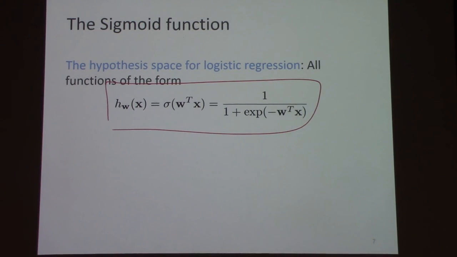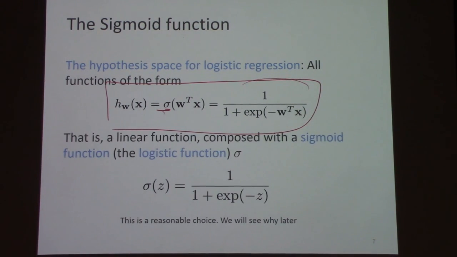You take an example x, and the function is completely defined by a weight vector w. I take a dot product of that example with the weight vector, and then I pass it through what is called a sigmoid, which has this form: 1 over 1 plus e to the power minus that number. You take a linear function and compose it with a sigmoid, and you have to convince yourself that this can only take values between 0 and 1. This will be our hypothesis space. Alright, let's stop now.